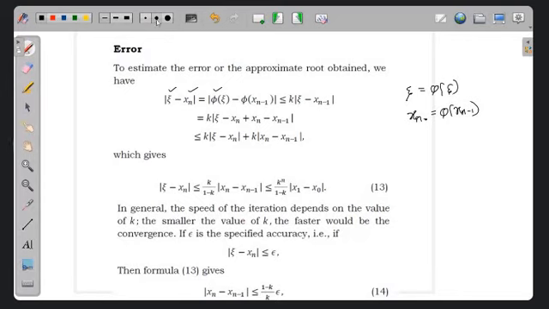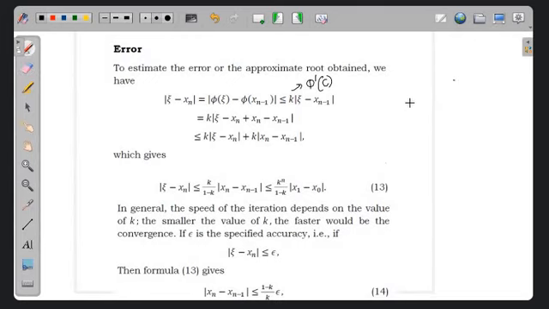Okay. So using Lagrange's mean value theorem and inequality, this k is nothing but some phi dash of c. That's what k is here.